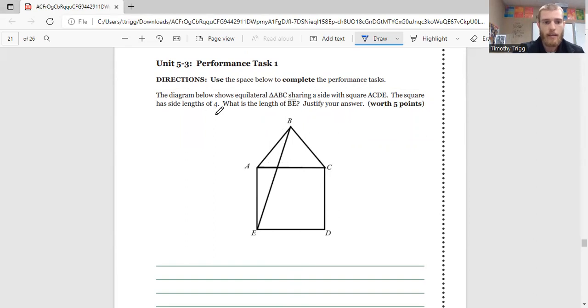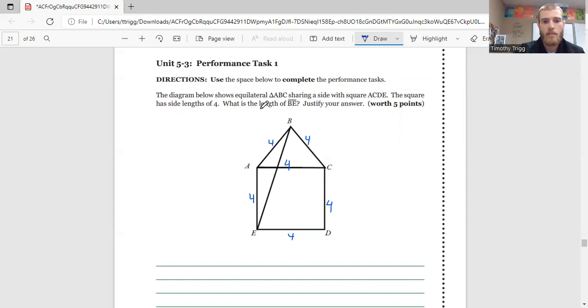The square has a side length of 4. So not only is each side of the square 4, but also each side of this equilateral triangle is also 4. Since AC is 4 and it's equilateral, then AB is also 4 and BC is also 4.